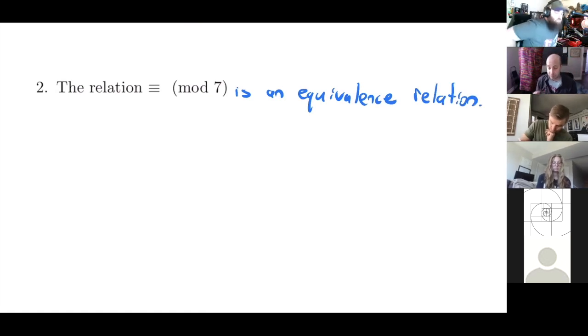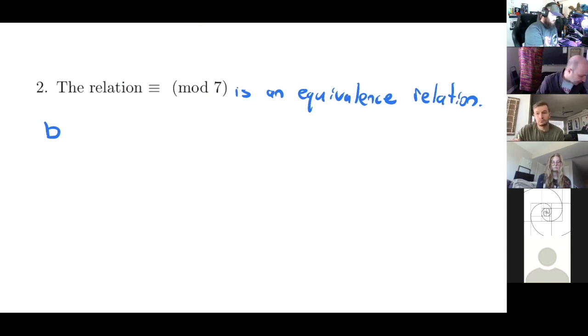And just to be sure that we're clear about this, there are different ways that we can think about this definition.